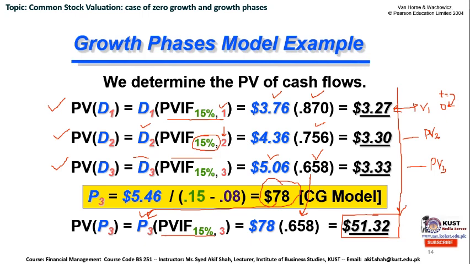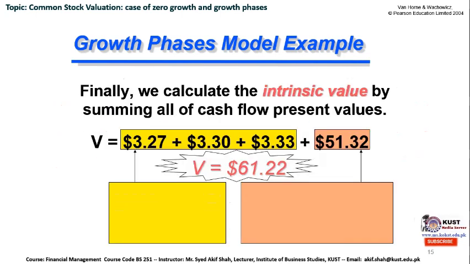In this case, the final step is to sum up these four values, P1, P2, P3, PV3, and then this final discounted value will lead towards the conclusive intrinsic value of this common stock. And here it is. Finally, we calculate the intrinsic value by summing all of the cash flow present values.